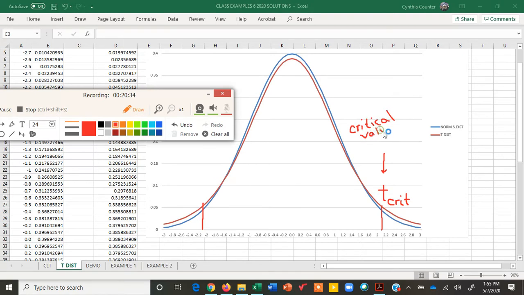Anything beyond the critical value is considered unlikely. So the area in this, those are unlikely values. And remember, for our 95% confidence interval, that would then be the top 2.5%.